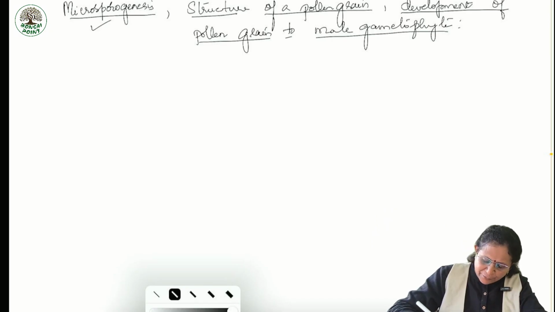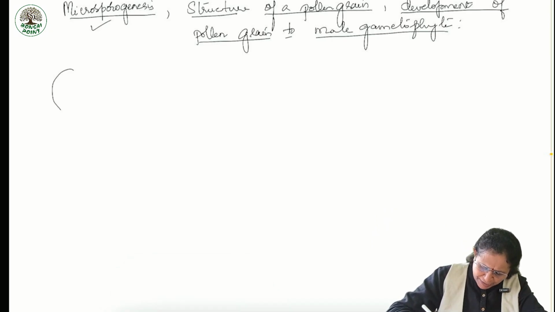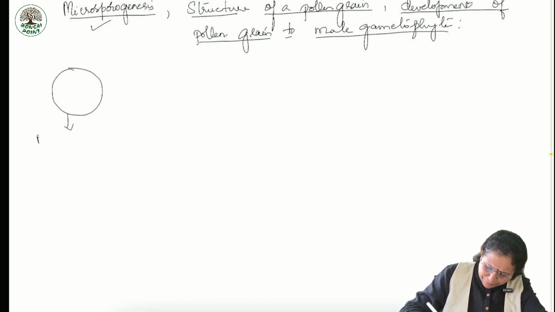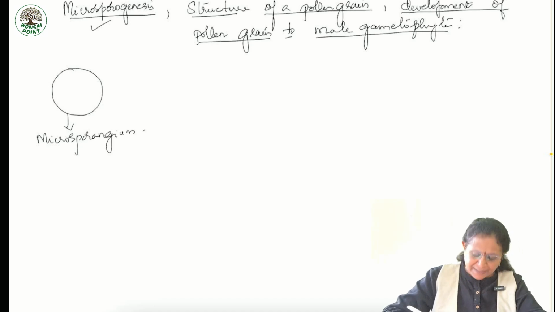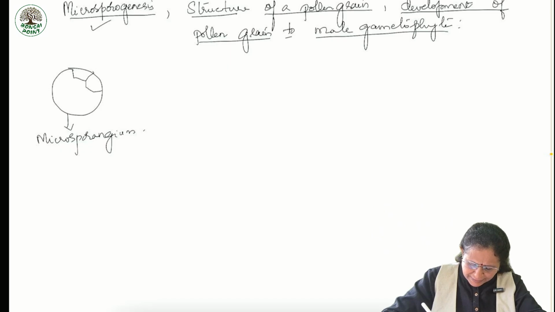Yes, let me start with microsporogenesis. So this is the microsporangium. Just a few minutes back I have explained, isn't it? These are the cells which are homogeneous, and we call them as what? Microspore mother cells, or we say they are the sporogenous cells.